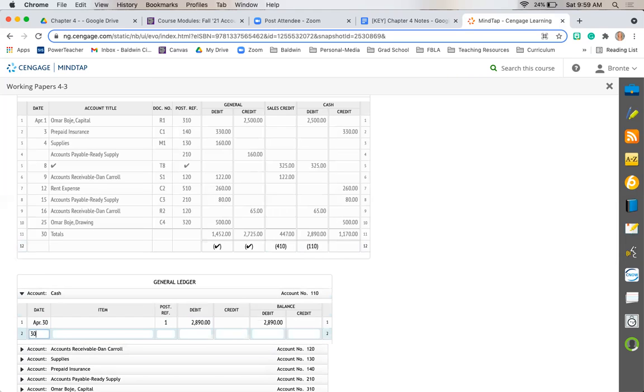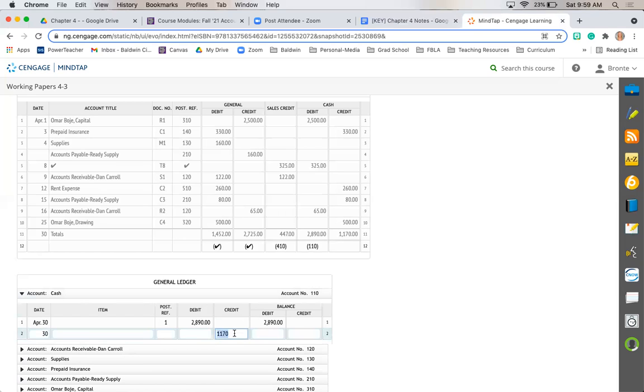So 30th, it is a credit. Now, this is going to change our balance because cash is an asset. It always has a normal debit balance unless it is negative. So right now I have 2,890 as a balance. A credit is going to bring that balance down.